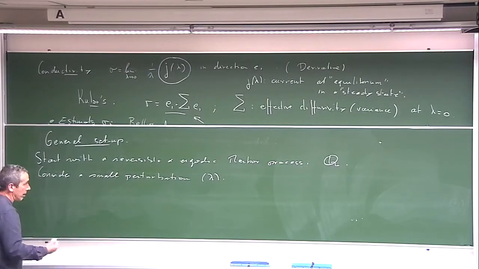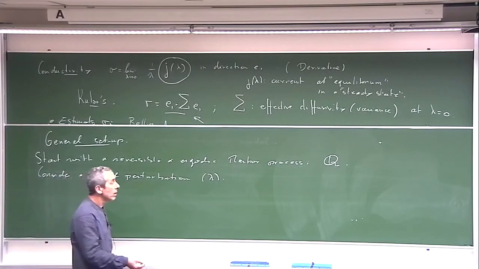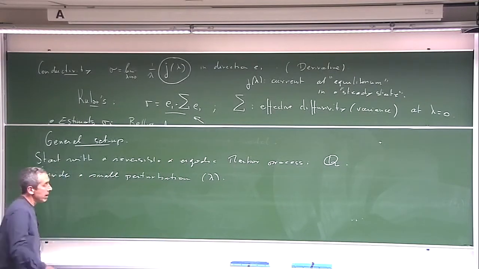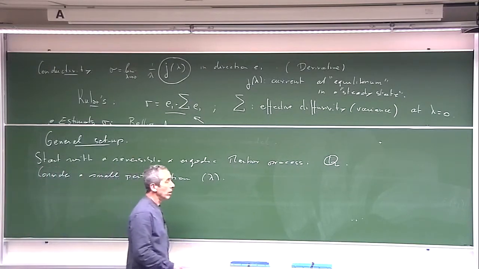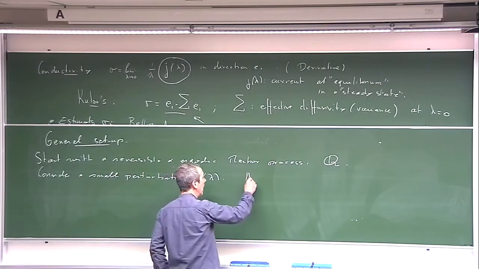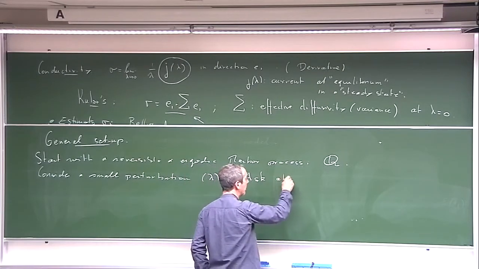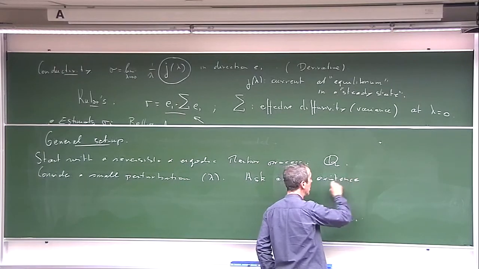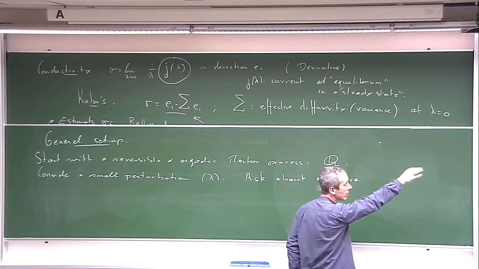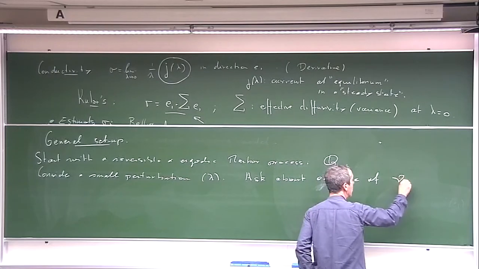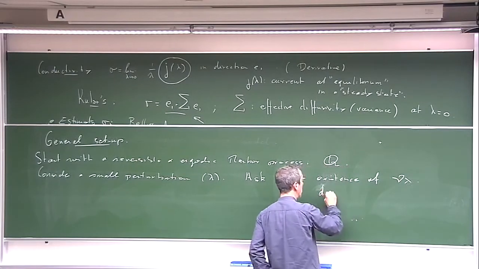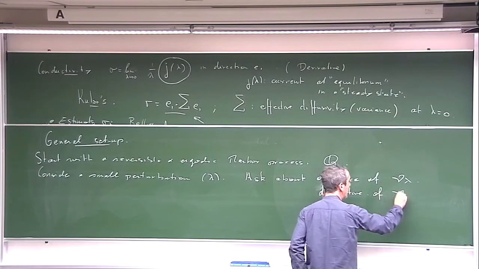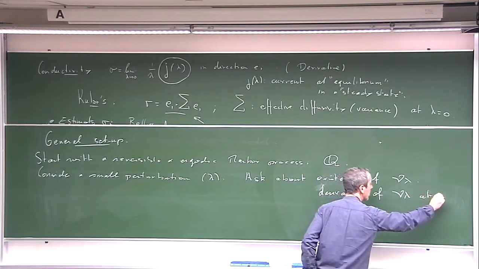And you ask about steady states. You can take the same definition as there. And you ask about the existence and uniqueness of the steady state and the derivative. So ask about existence, uniqueness, well, uniqueness is not an issue, but existence of the steady state Q lambda, and also whether you can take the derivative of Q lambda at lambda equals 0.